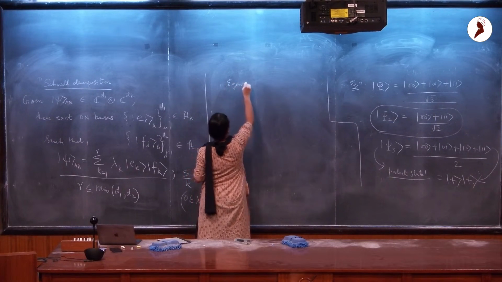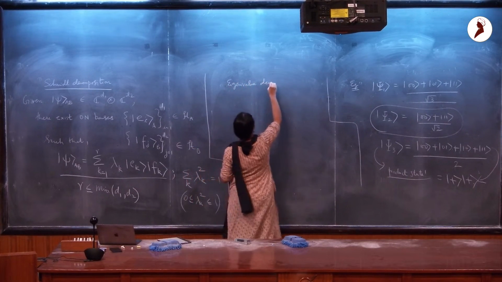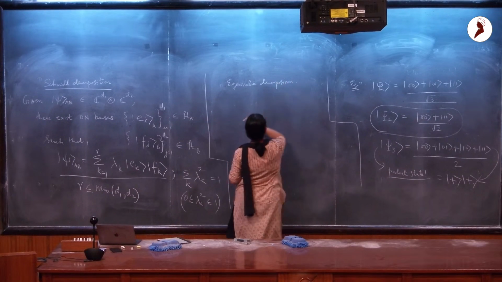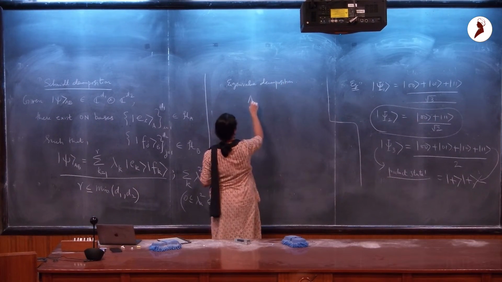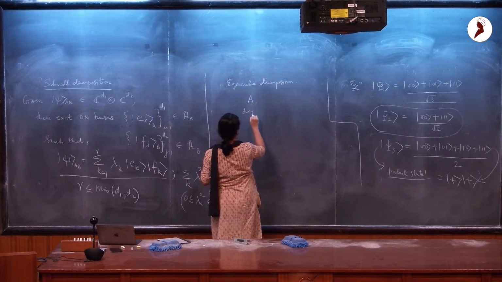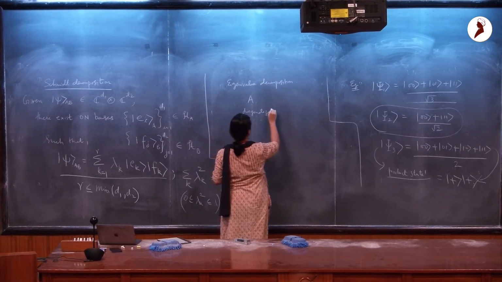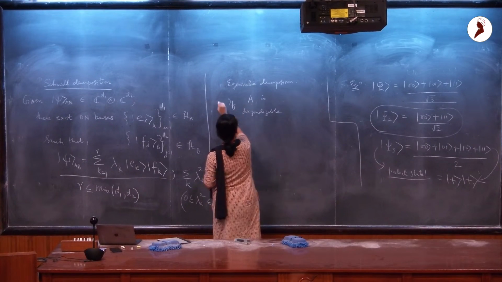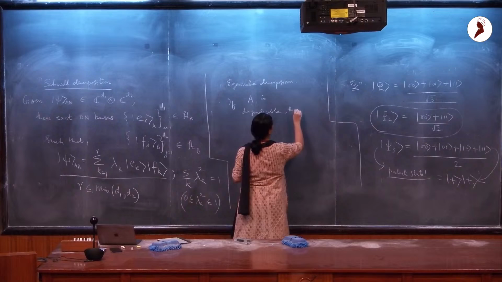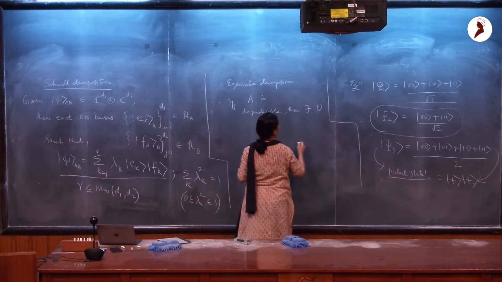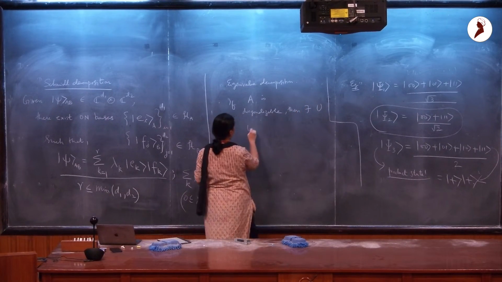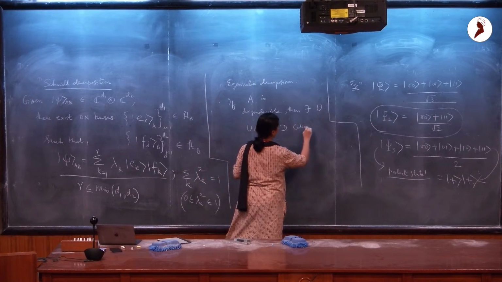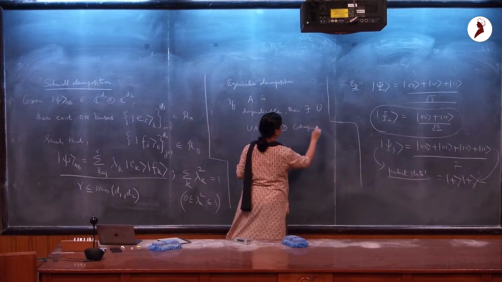So let me just write down. If A is diagonalizable, then there exists a unitary U such that U dagger A U is D, a diagonal matrix.